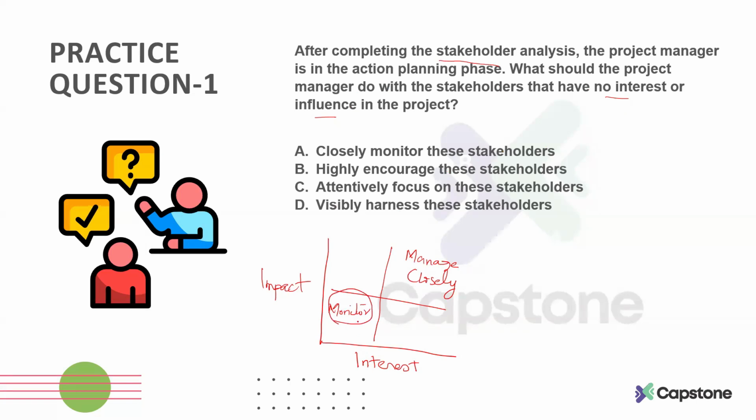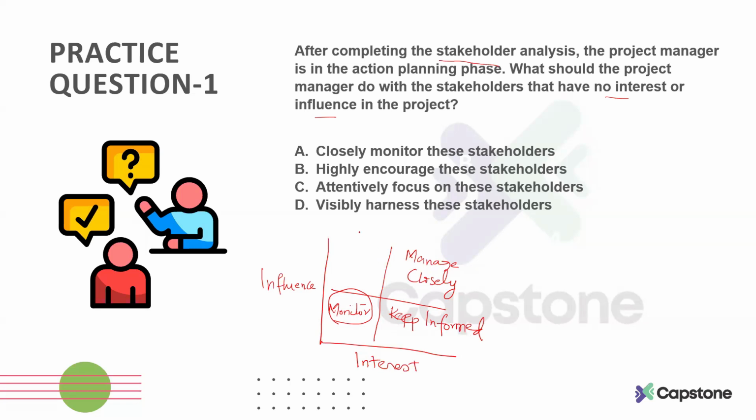Just to make sure that maybe later down the project, if their interest level or their influence changes, in that scenario we need to move them into the respective quadrant. And if the stakeholders have high interest but low influence, we need to keep them informed.